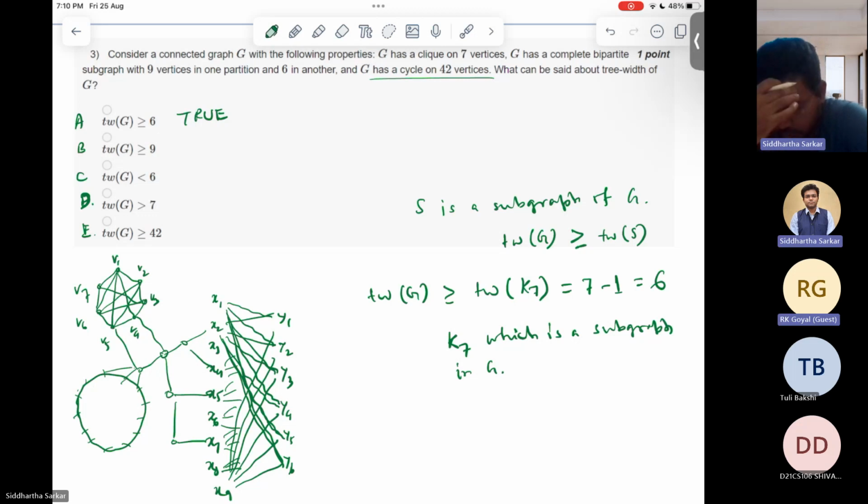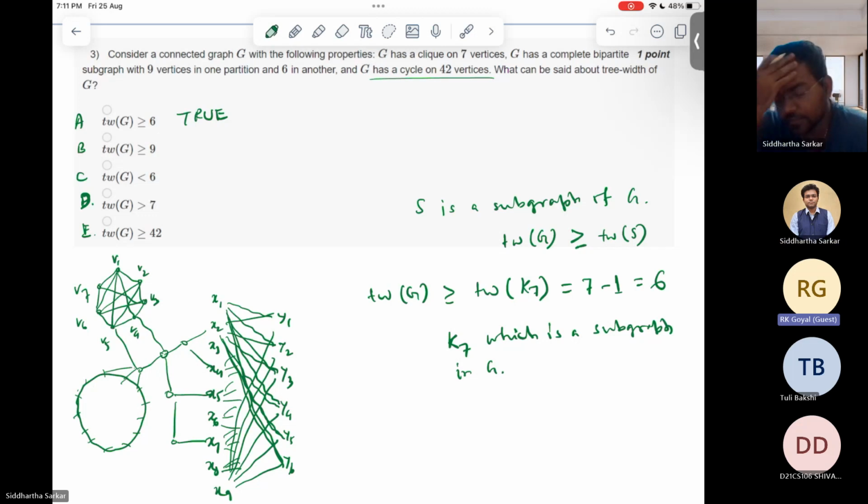So this would have 6 plus 1, that is 7. Therefore every bag here would contain 7 vertices. Exactly. So the value of the tree width came out to be 6.